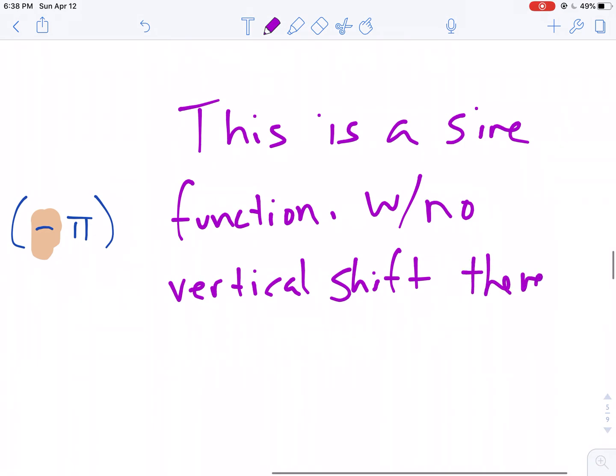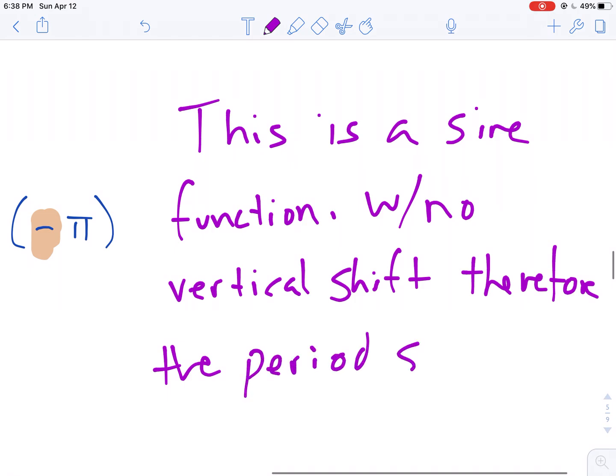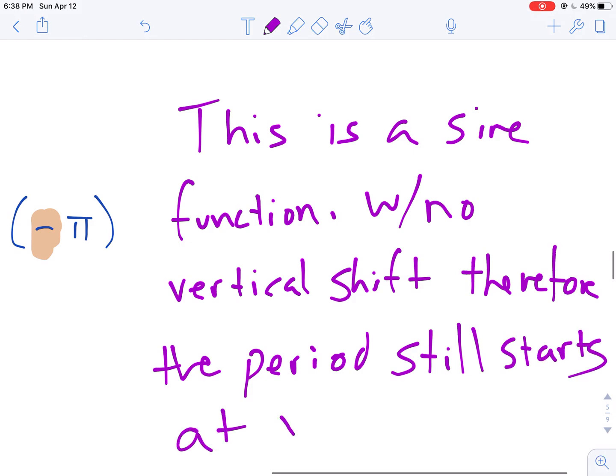Therefore, the period still starts at y is equal to 0. So we learned that with my sine function, my period would start at the point 0, 0 if I was just looking at y is equal to the sine of x.